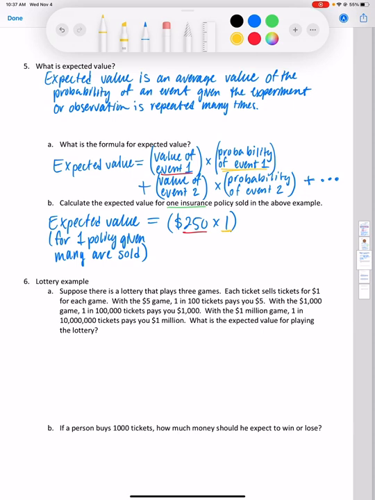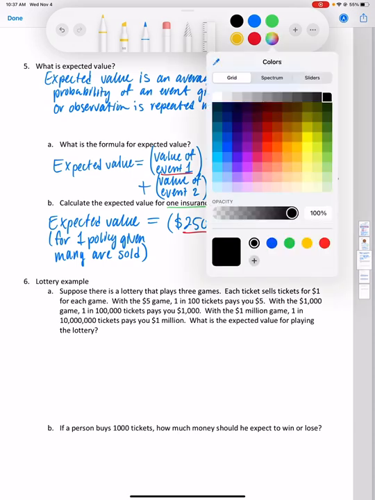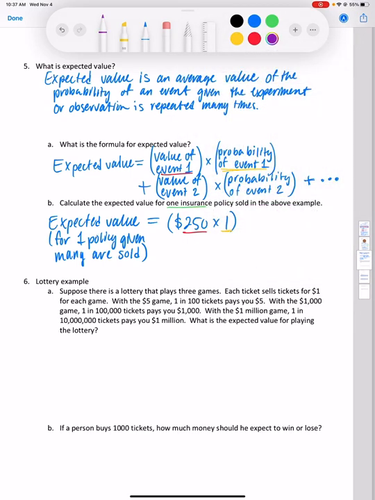Okay, we're going to add that on to the value of event 2. You can go purple. So the value of event 2. Now event 2, for our insurance policy example, is that the only events that happen besides us getting policies is that we have to pay out for somebody who makes a claim. Say that they get their stuff stolen or something like that. We will have to pay out a certain amount.